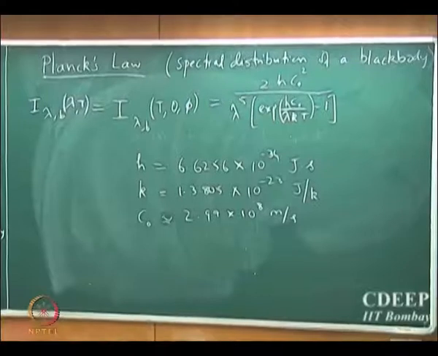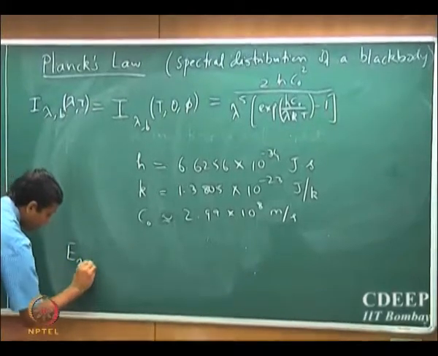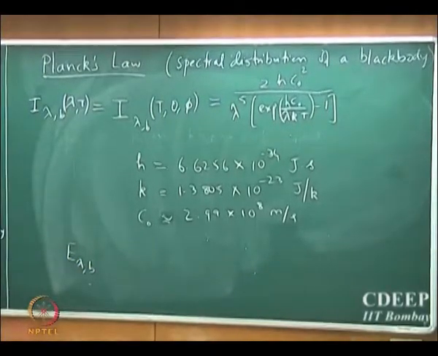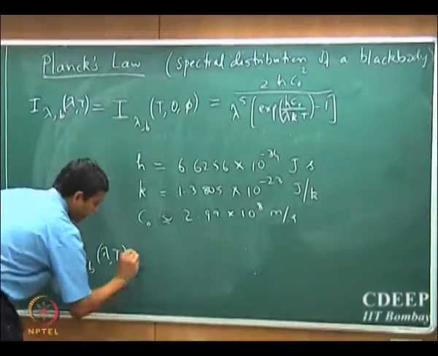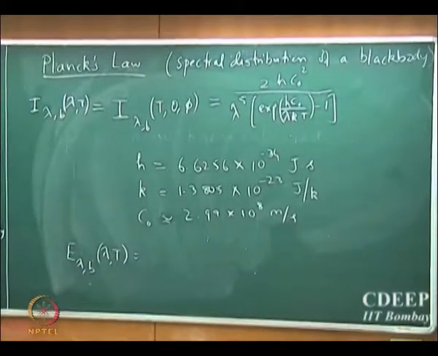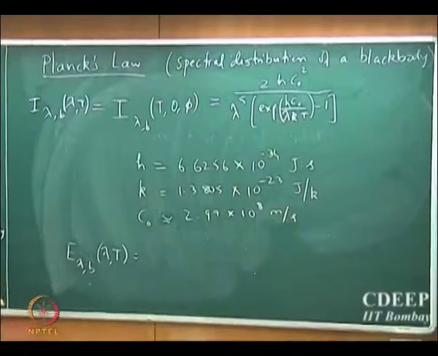Okay. Because it is a diffuse emitter, E is the symbol that we will use for emissive power. So the emissive power of a black body, which is only a function of lambda and temperature, is given by, if I know that I is the intensity of emission, what is the emissive power?